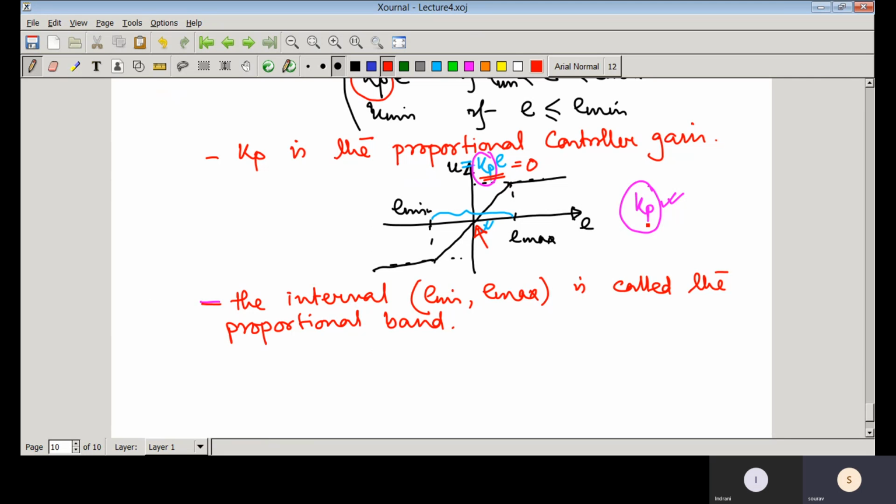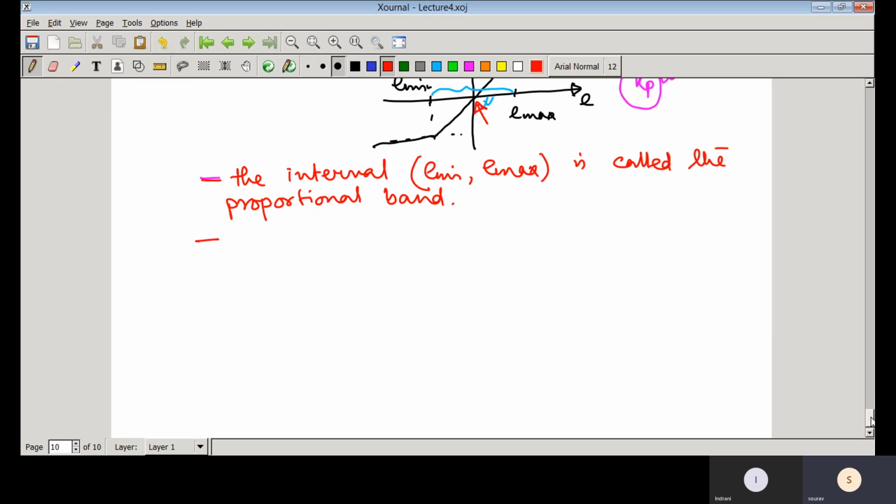So when control input equals 0, immediately the control variable will be shifted from the desired value, and whenever the control variable shifts from the desired value, we would not achieve the tracking performance. That is a big disadvantage of the proportional controller. In case of a proportional controller, we cannot achieve perfect tracking performance.